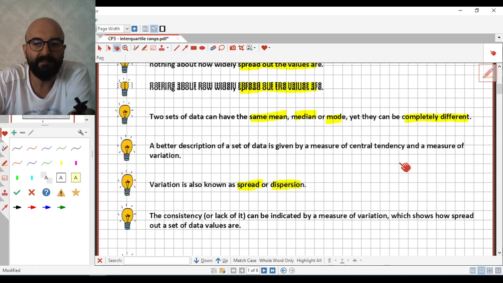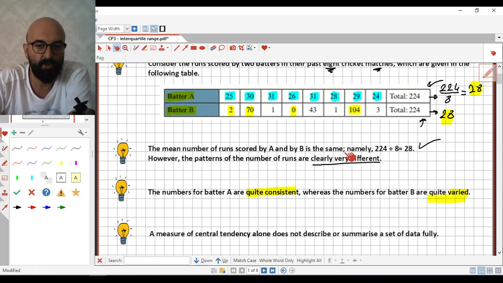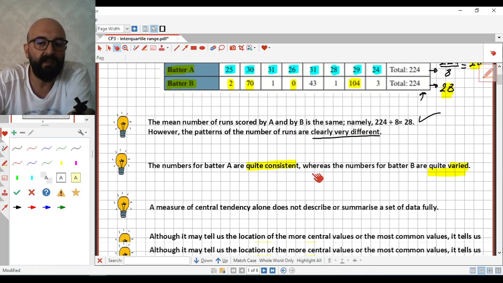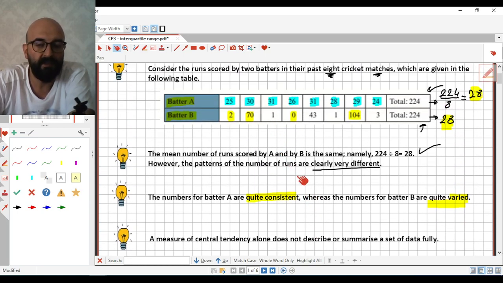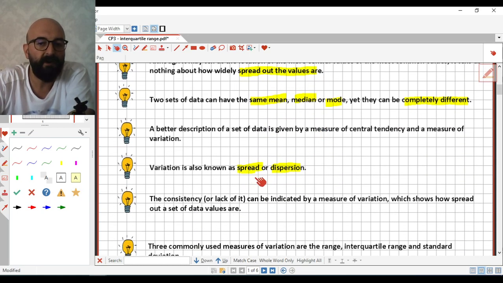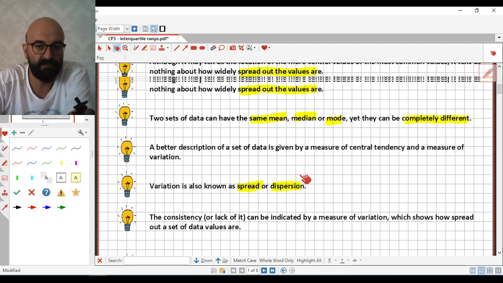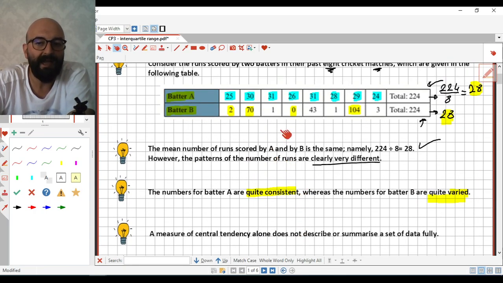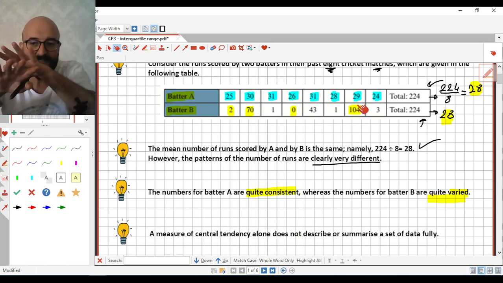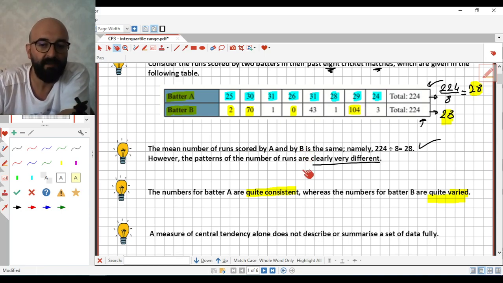Please remember that batter B's scores have a quality of spread or dispersion, because he has a zero score and also 100, very spread out, very dispersed.